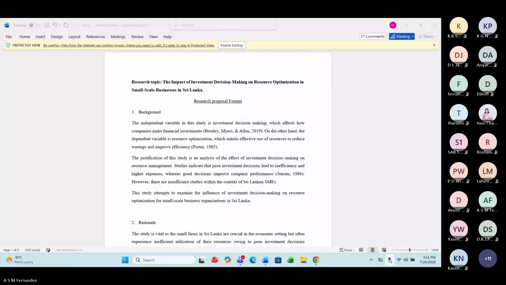What I ask is, what do you mean by investment decision making? Is that a capital budgeting decision? It's like when you want to start a small scale business in Sri Lanka, how you have to invest effectively.